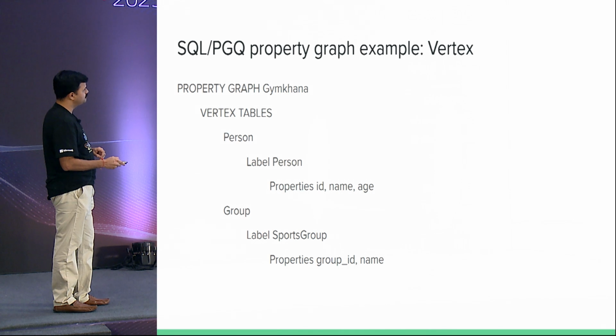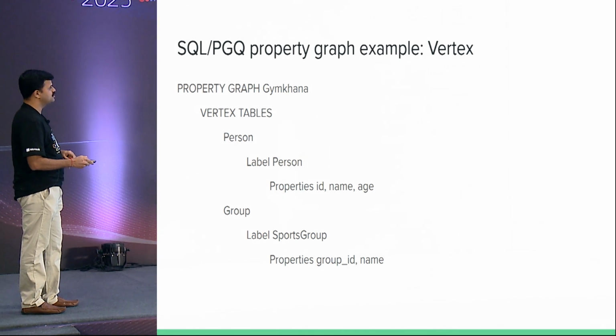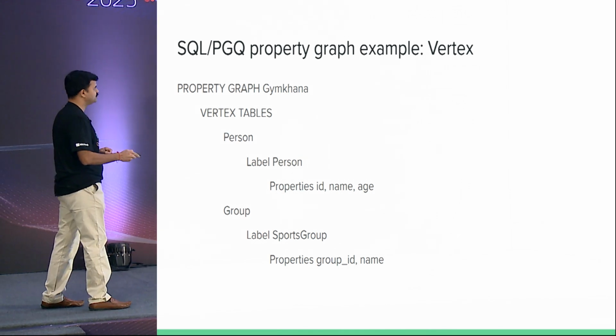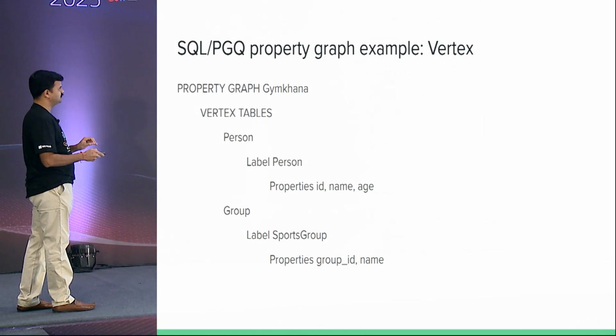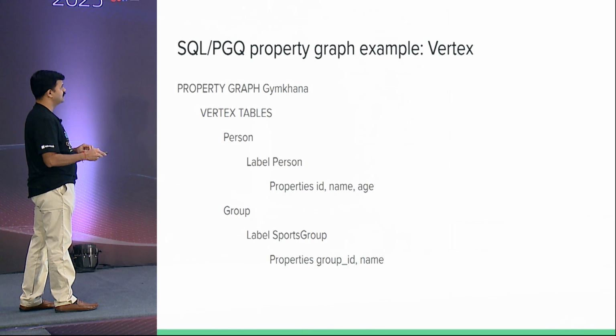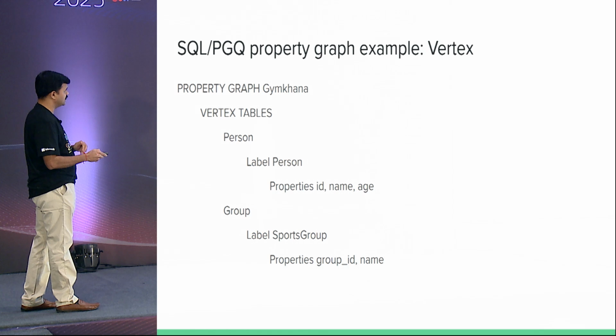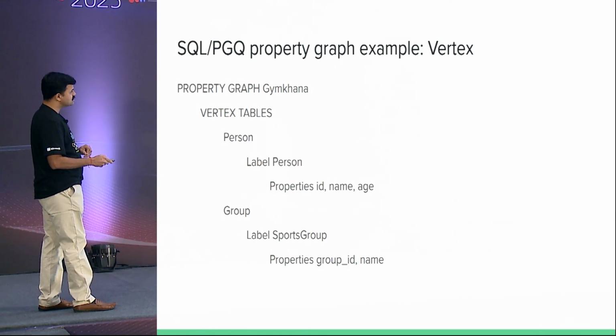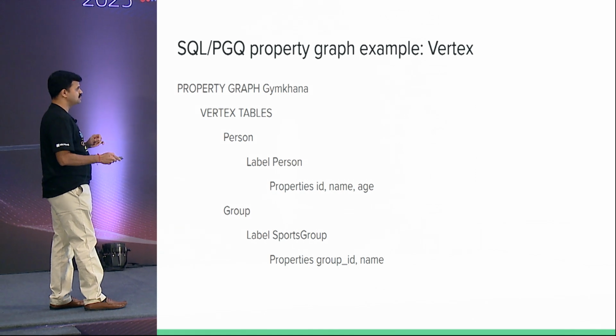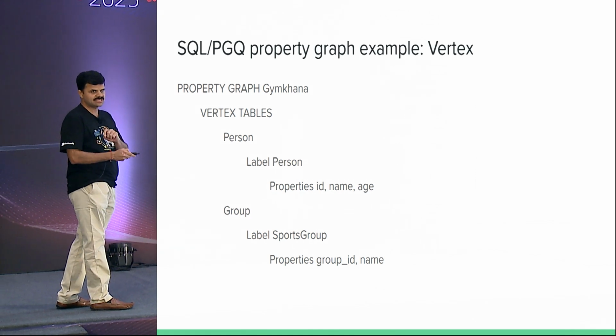But let's say group has a label sports group. So we don't need to have the same name, or labels have the same name as the corresponding relational table. They can have different names. And also, the properties don't need to have the same names as column.